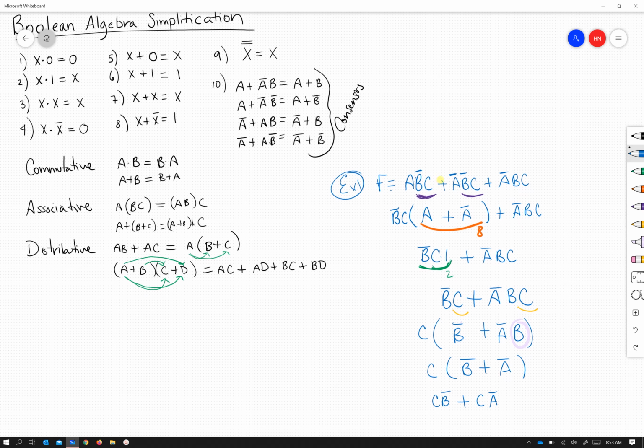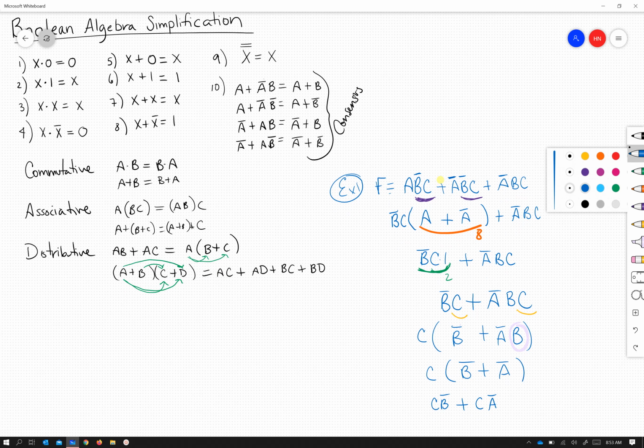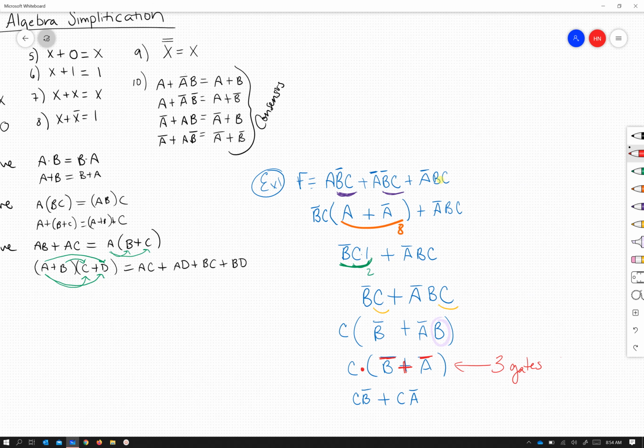So one thing to point out here, let me get a red dot. If I count the gates on this one, it's going to be 1 AND gate, 1 OR gate, and 2 inverters. So that's 3 gates, which is equal to 3 chips, or 3 ICs.